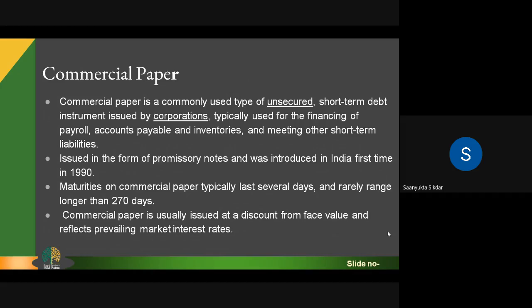It is issued in the form of promissory notes and it was introduced in India first time in 1990. Maturities on commercial paper typically last several days and rarely range longer than 270 days. Commercial paper is usually issued at a discount from the face value and reflects the prevailing market interest rates. So these are also issued at a discount.